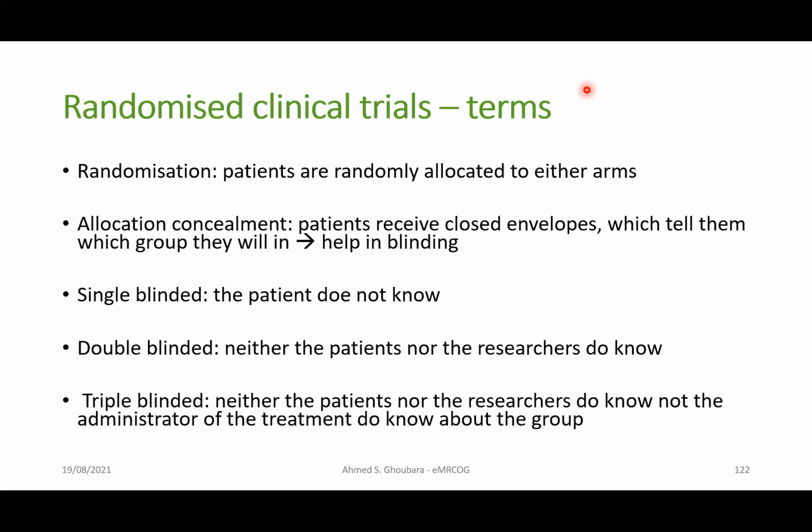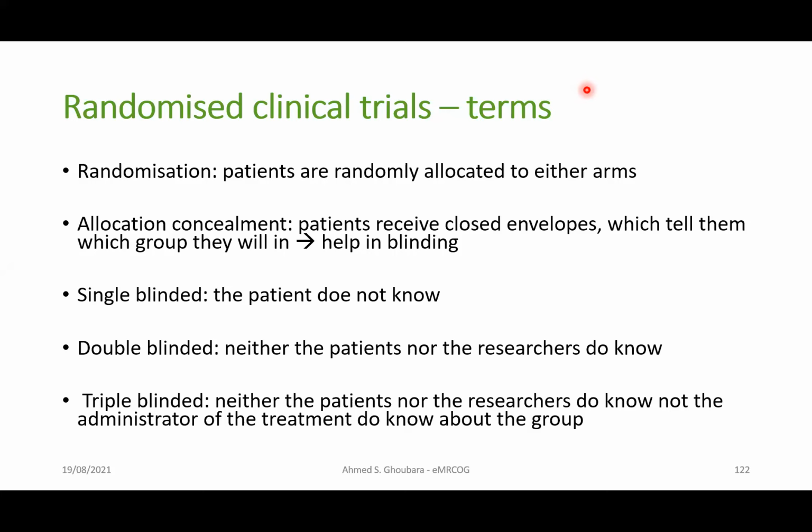I've got 1,000 ladies. 500 will go for placebo, for no treatment, and the other 500 will go for paracetamol, for example, before doing hysteroscopy or so. This is called randomization. By randomization, I mean I didn't ask this particular patient to go this way or that way.